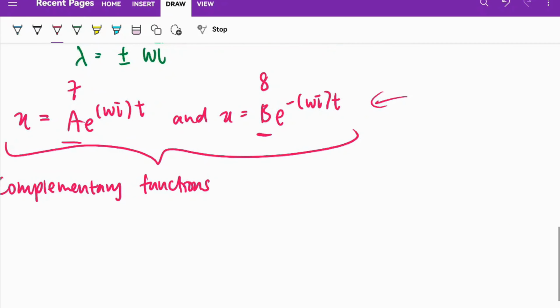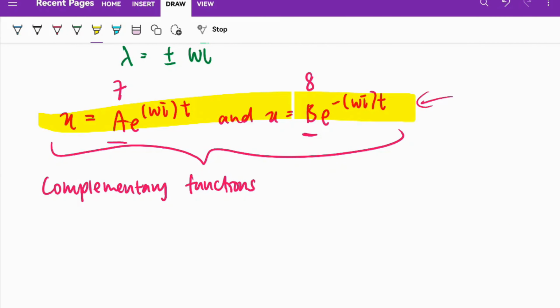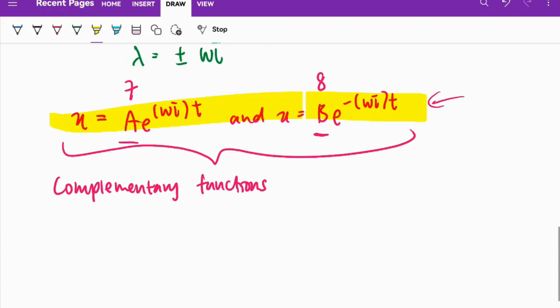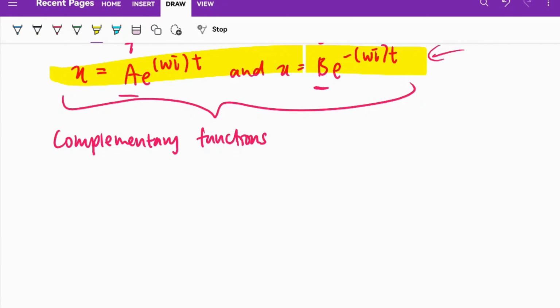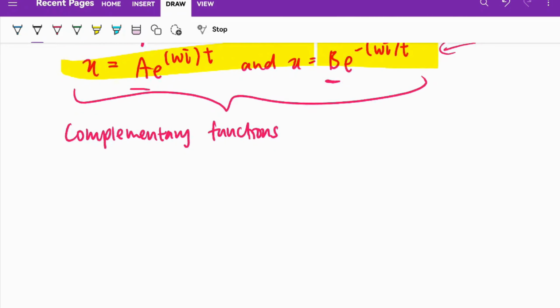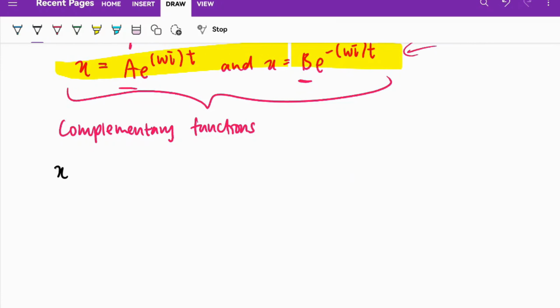So just saying it has only this as your solution is not complete. So we find the complementary function to provide a complete solution. Okay, alright. So what is the complementary function? The complementary function is basically x equals to, we add them up together.